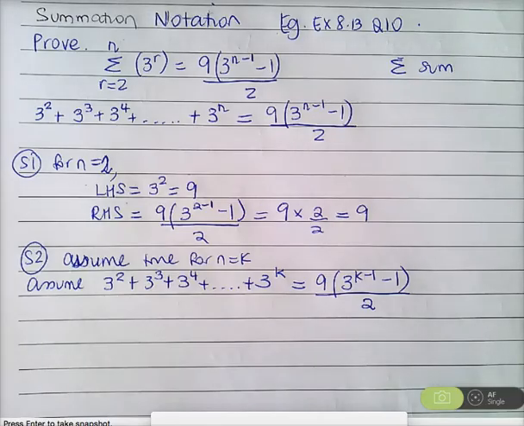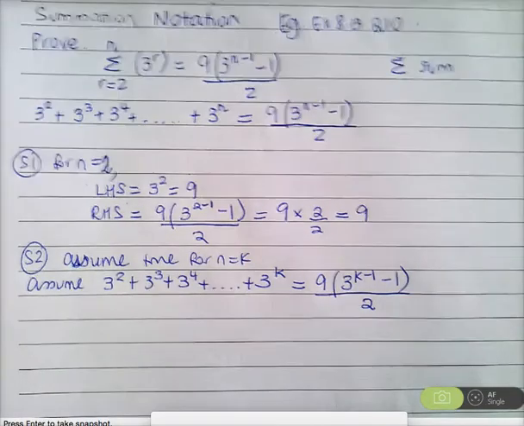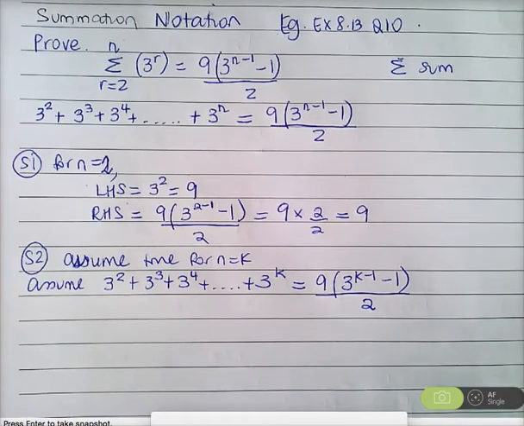Okay, everyone, pink is gone and it's a bit clearer now. So step 2, assuming true for n equals k.